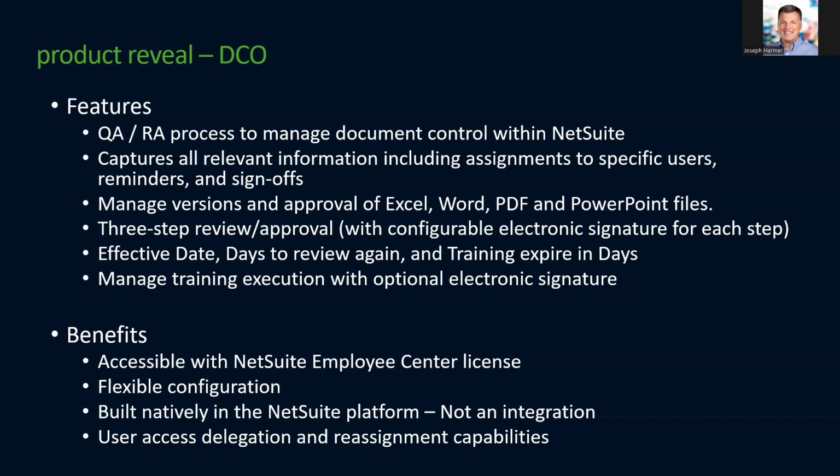Also, manage training execution with optional electronic signature, assign readers, direct reminders and emails, use the Employee Center for reading assignments or expiration dates associated to training that automatically can create new training assignments. As with the other solutions, configurable controls such as whether the creator may or may not be able to edit post-creation meet customer-specific needs.